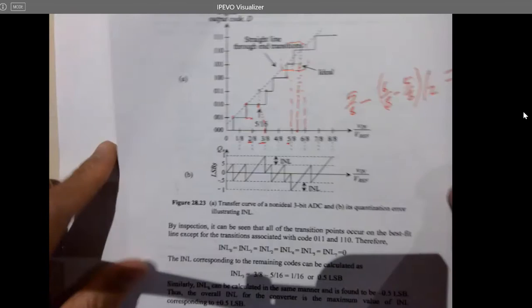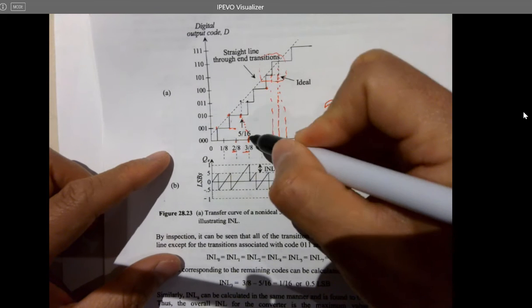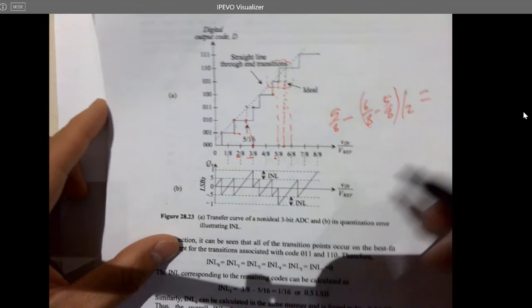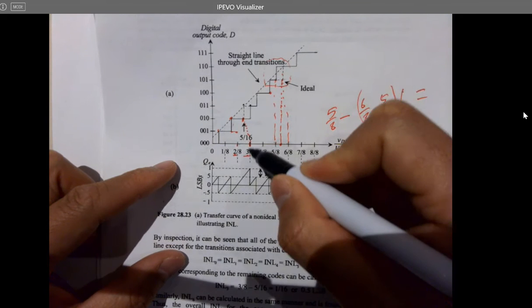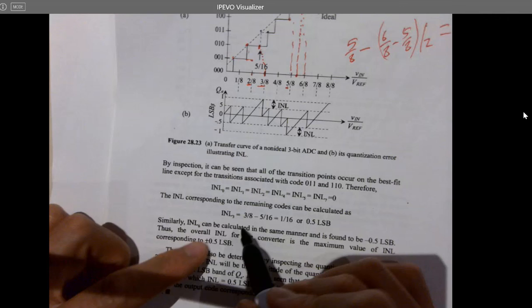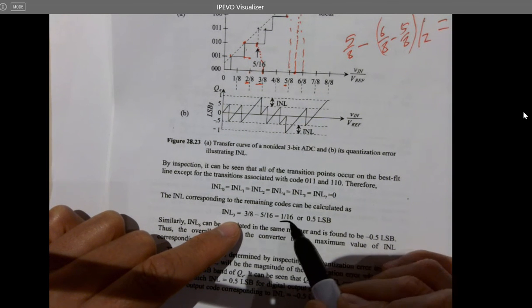Now you look at the x-axis. Just use this number minus this number. Eventually it's 0.5 LSB. You get this value, and you have to convert it into LSB for the answer.